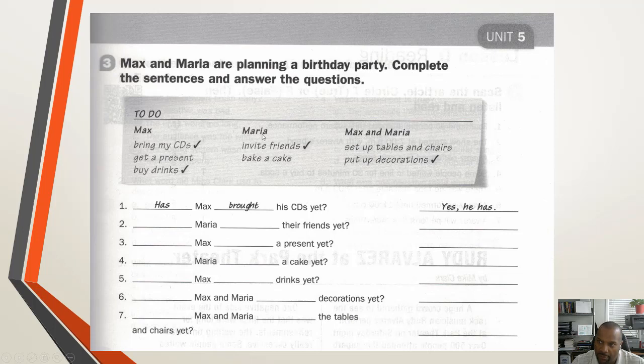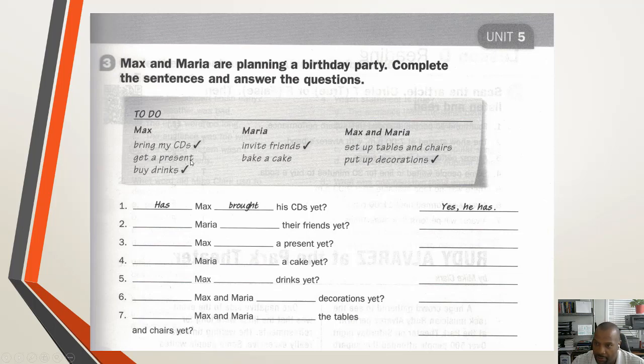Now before we do that, it looks like Max and Maria have a to-do list. Alright, so let's read through their to-do list to find out what they have to do and what they've already done. So let's look at Max first. Bring my CDs. That's checked, so that's done.